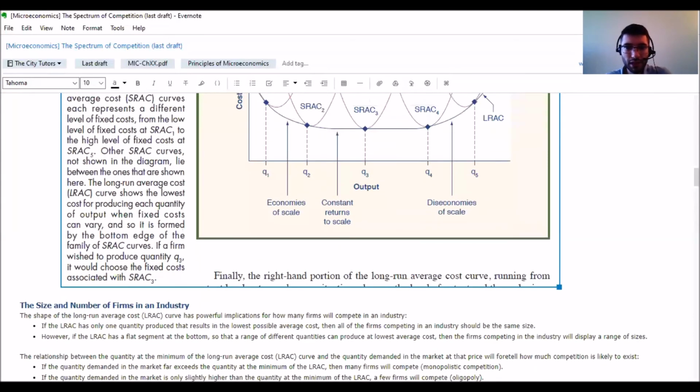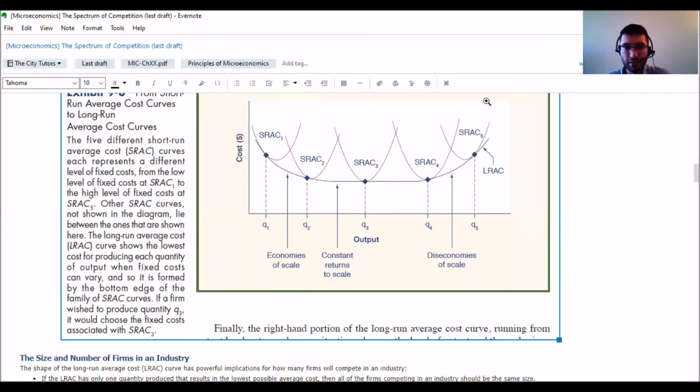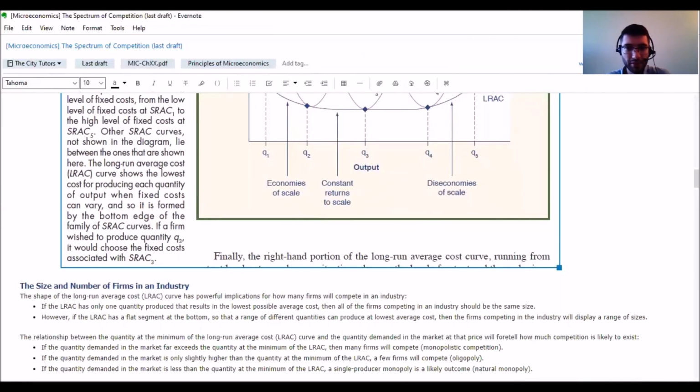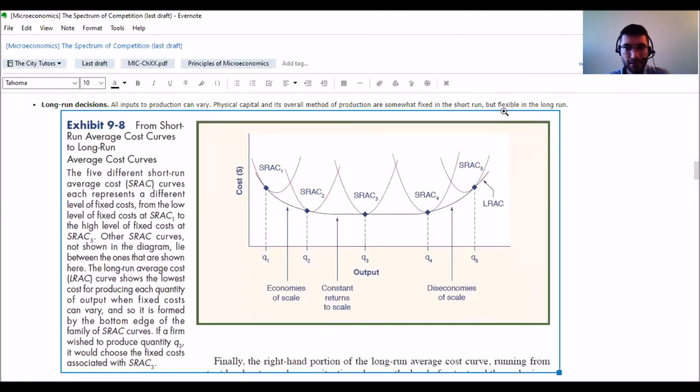And only if the demand curve is far to the right, somewhere over here, then only in this case you can have monopolistic competition or a competitive market, because only in this case all the companies will choose to produce somewhere around this part of the line.